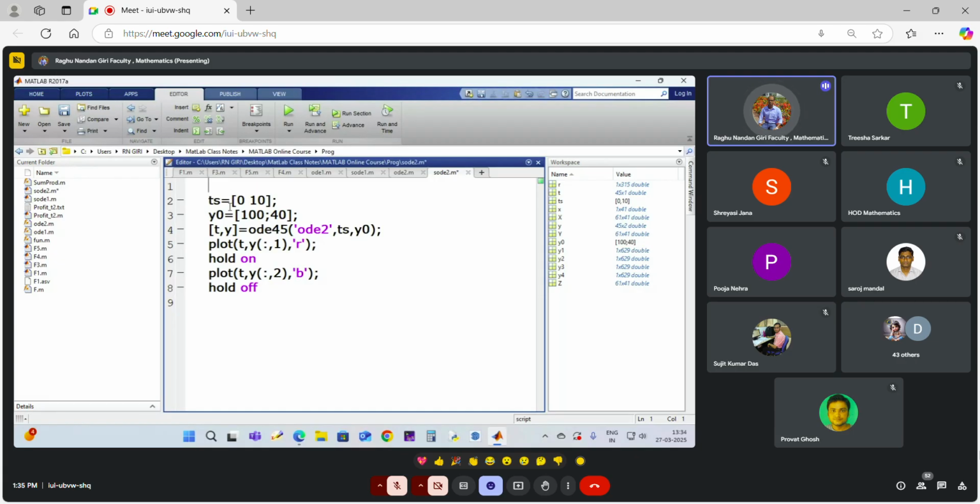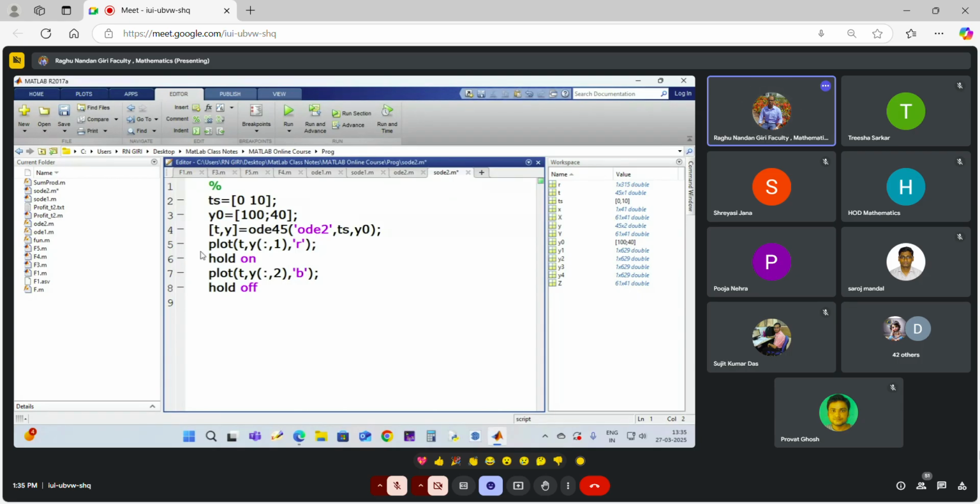Yes, sir. I'm not getting your voice. Please speak loudly. Yes, sir, as you recommended the book yesterday, in the book for the 2D graph, they are using syms x comma y as the first line. After that they start the coding for the graph.